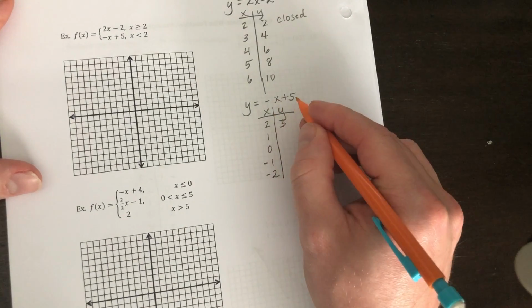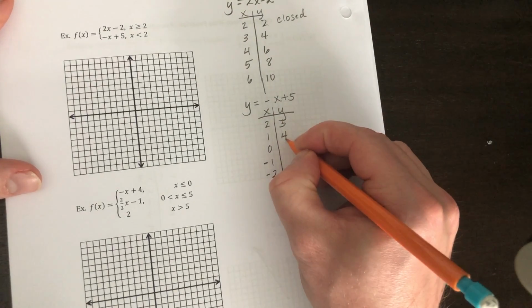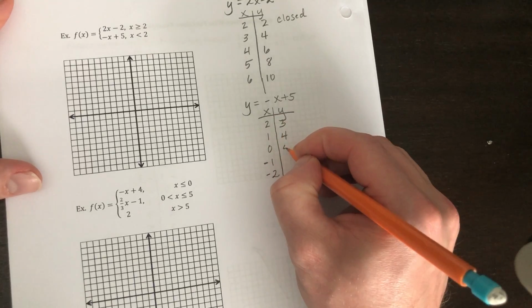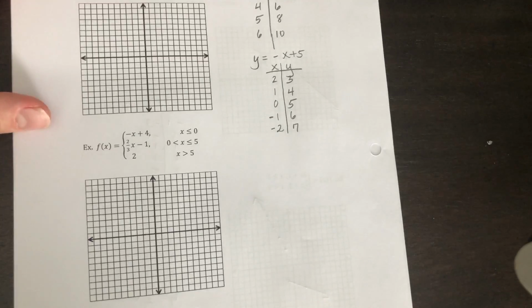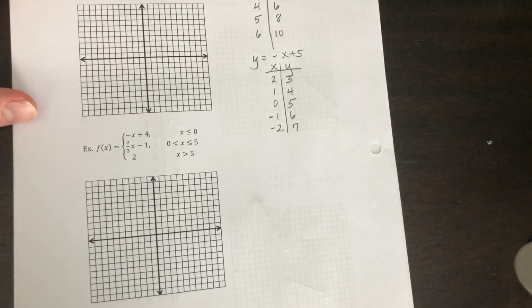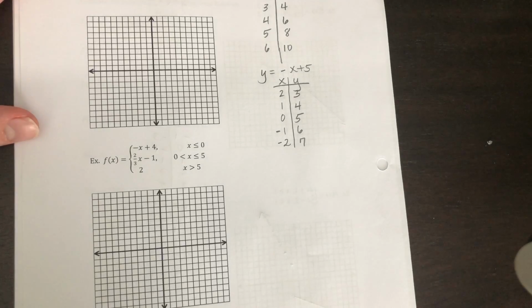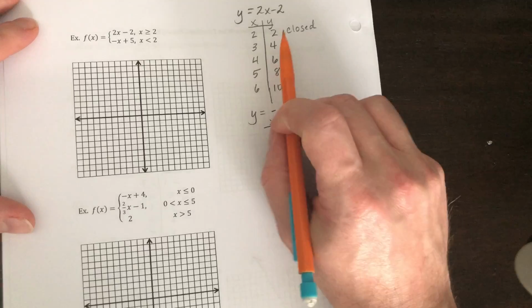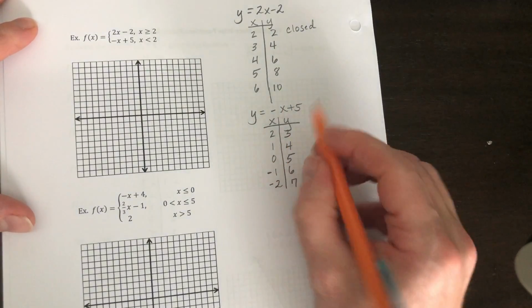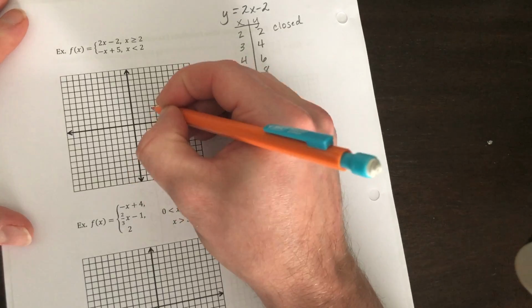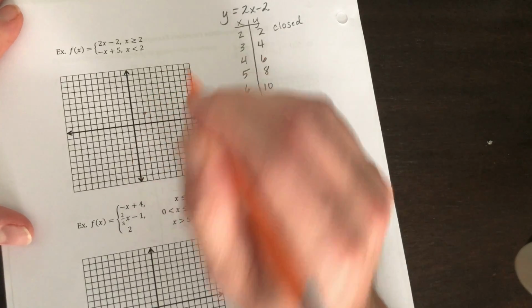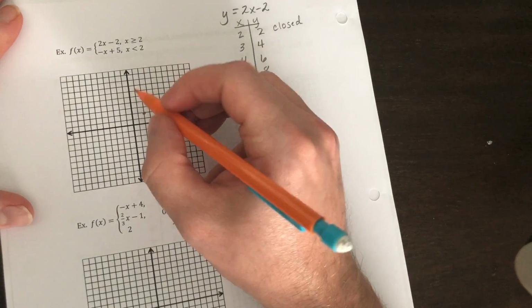Negative 1 plus 5 is 4. 0 plus 5 is 5, 6, 7, like that. Okay, so we're going to go through, and I didn't plot these points first. Let's go through and plot these first. And this is going to be open. Okay, so the point 2, 2 is closed. 3, 4.